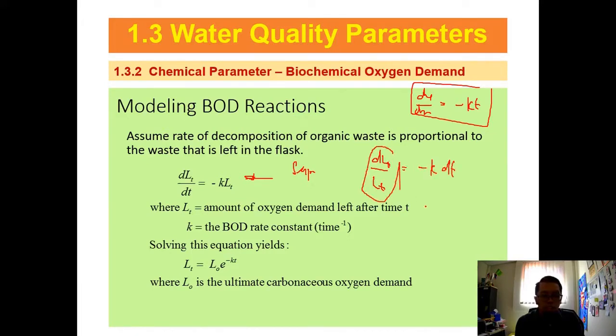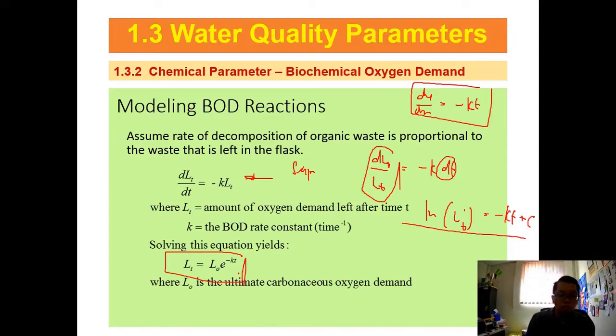So you get ln Lt equals negative kt plus C. Simplify, and then finally you get Lt equals L0 exponent negative kt.